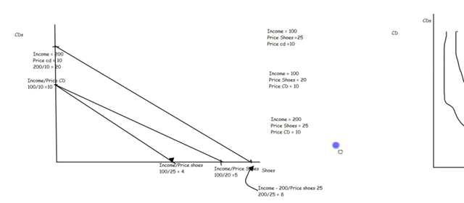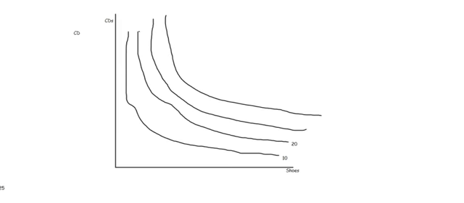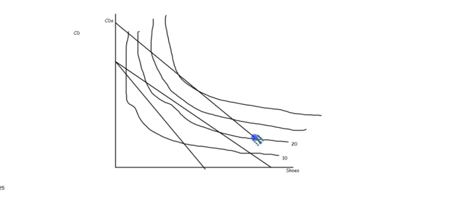Actually, in this case, it's easier for me just to draw the budget constraints back on the indifference curves. We could have a budget constraint which is here, one which was here, and one that's here. There we go.